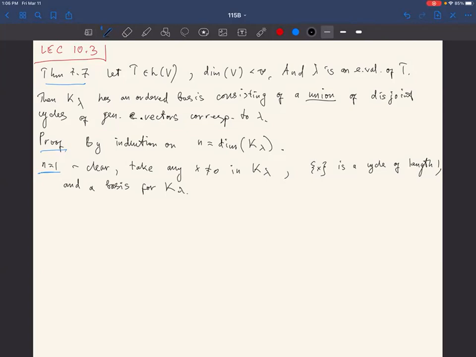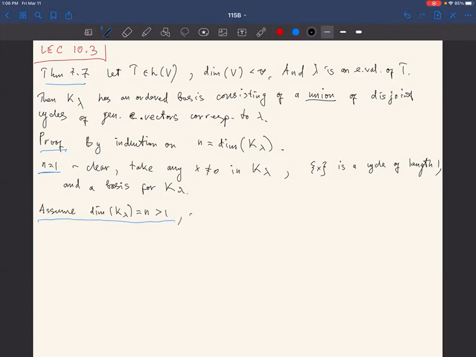So now let's argue the inductive case. So assume now that the dimension of K lambda is equal to n, strictly greater than 1. Yeah? So 2 or more. Okay.